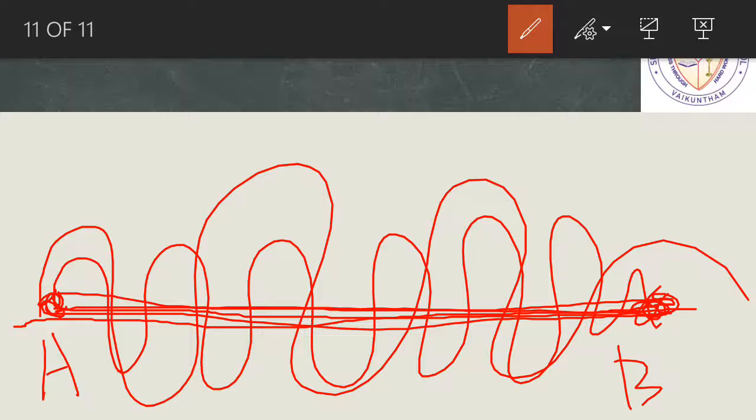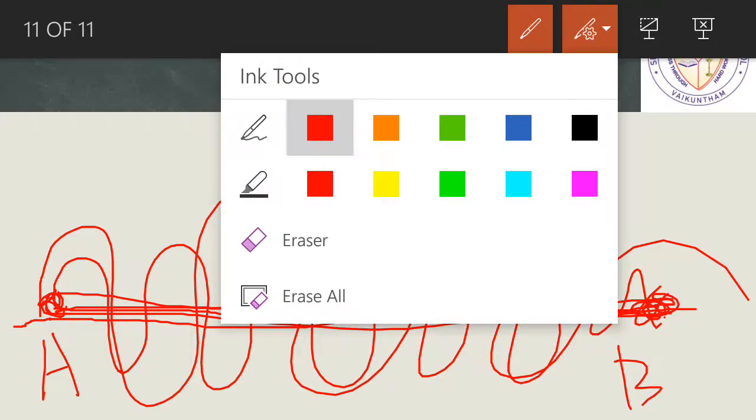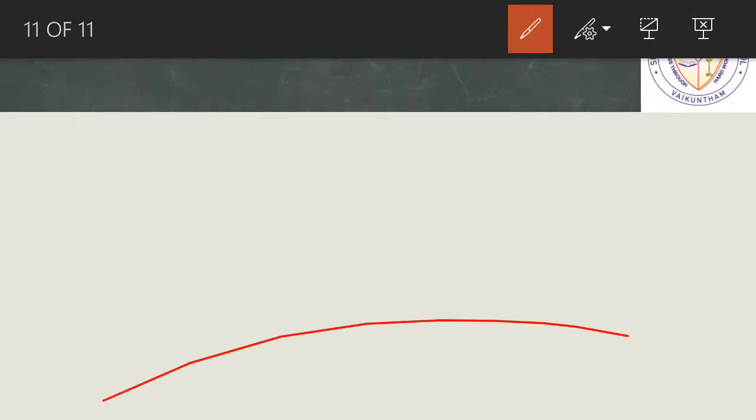And this shortest length between any two points or any two positions is nothing but the displacement. The distance is the actual length followed by you, and displacement will be the shortest path.